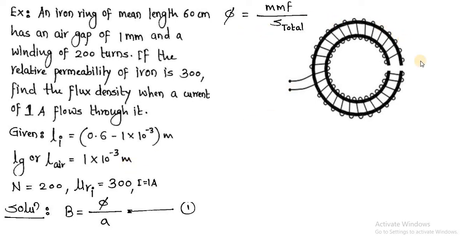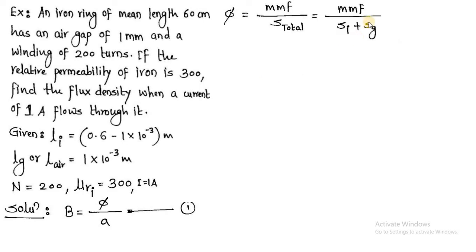Now we want to find out the total reluctance of this particular ring. The ring consists of, first part, the iron, and second, the air gap. So to find out total reluctance, we are supposed to add the reluctance of the iron path and the reluctance of the gap.